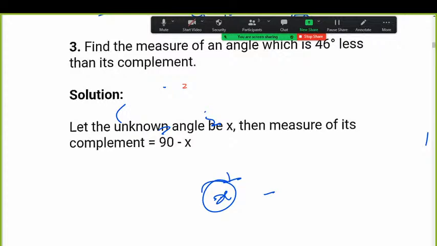That means, what is the complement of x? First you tell me that. 90 minus x will be its complement. Now the question is the measure of an angle which is 46 degrees less than its complement. What should I do to find it out?